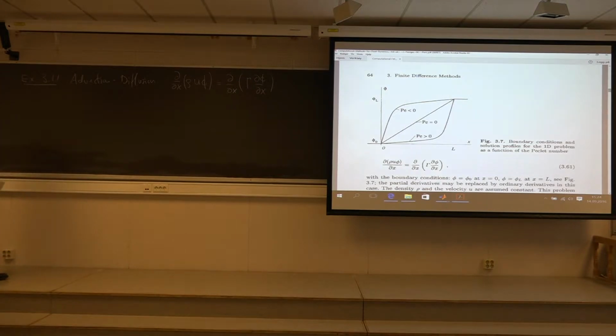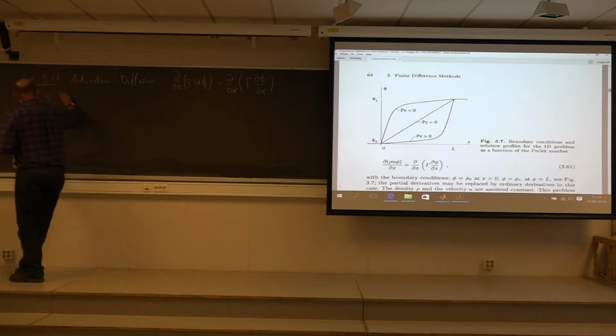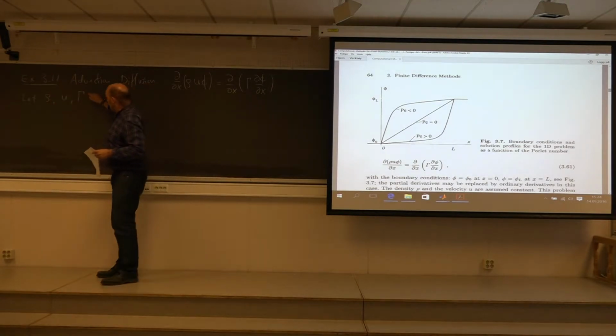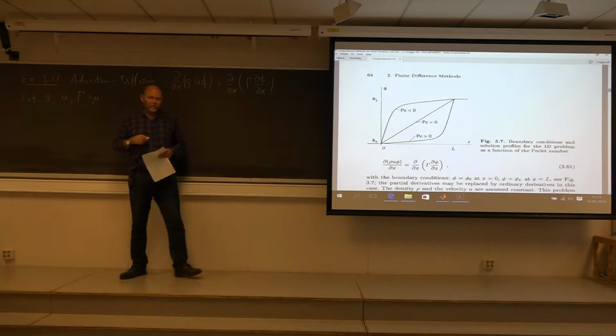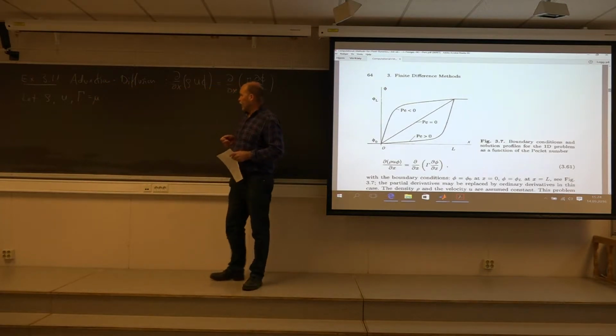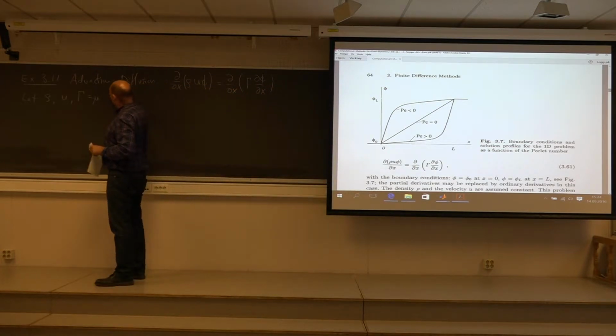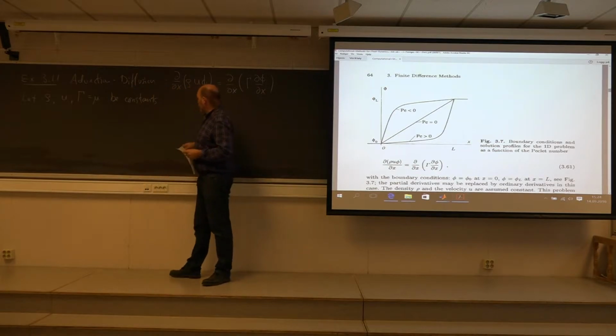So this is the very general partial differential equation. Here we simplify. Let rho, u, and gamma, which is of course actually the same as the dynamic viscosity, all be constants, just to make it simpler.